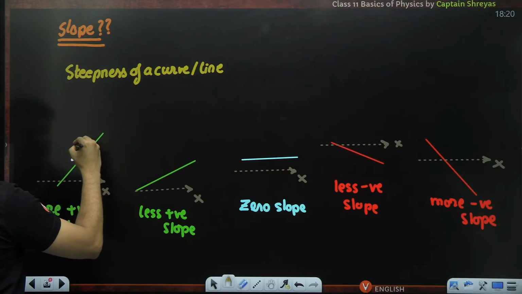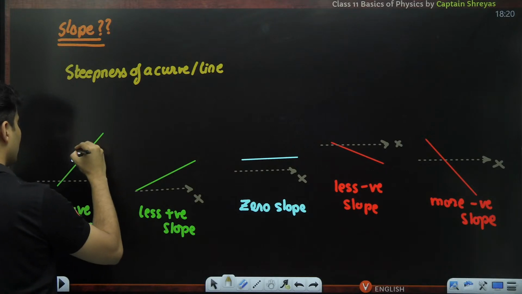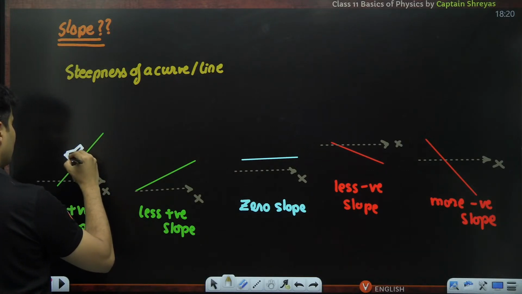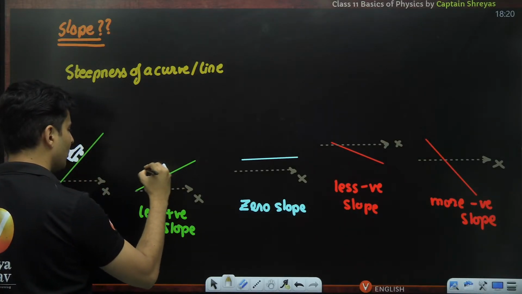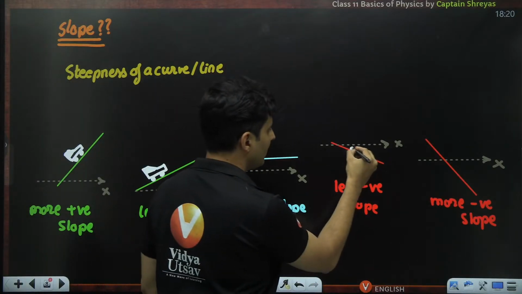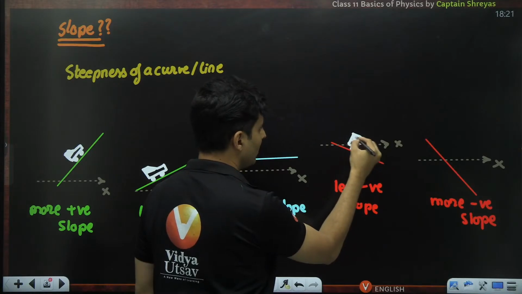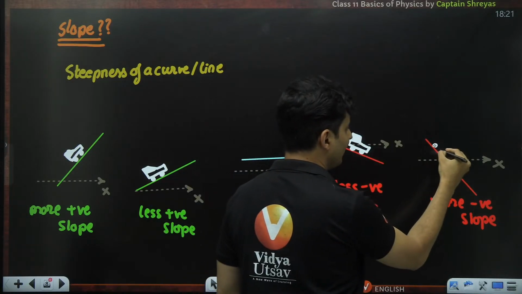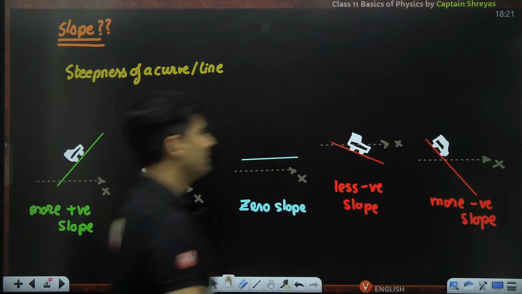If you imagine a vehicle, it becomes very easy to visualize what is more positive or less positive. Here, imagine that same vehicle going down. Very easy for that vehicle to go down. But here, it will go down even faster, more negative slope. Is this clear, my dear students?